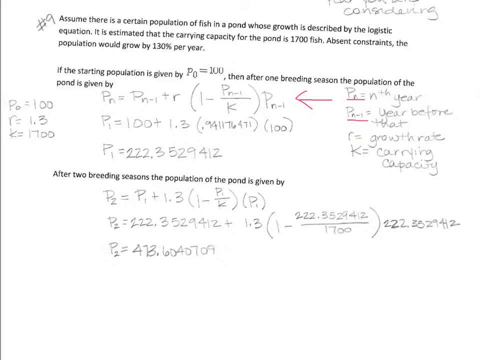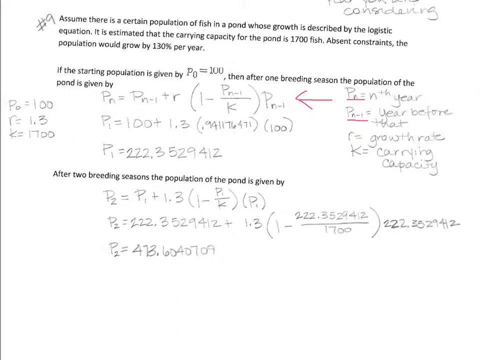So in our case, we want P sub 1. P sub n minus 1 is P sub 0, which is nice because that's a piece of information we were given. r is the growth rate, in other words, the rate the population would grow by. And we want to use that as a decimal. And then K, capital K, is the carrying capacity of the pond.